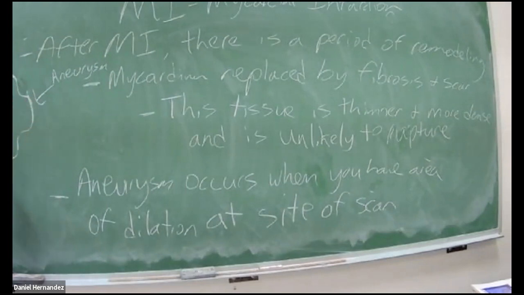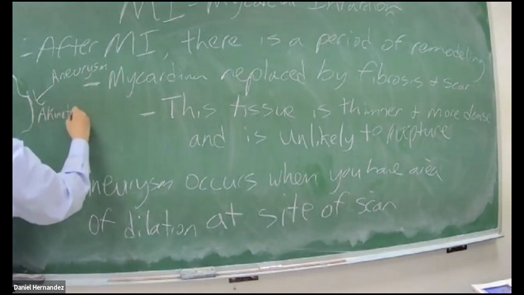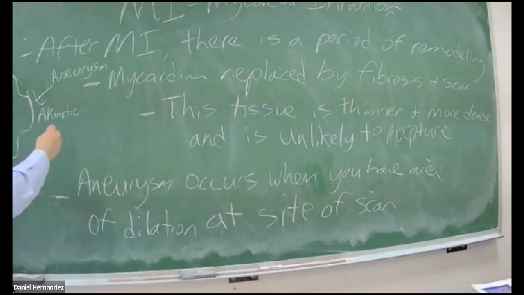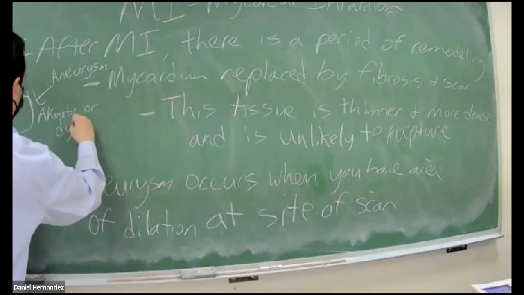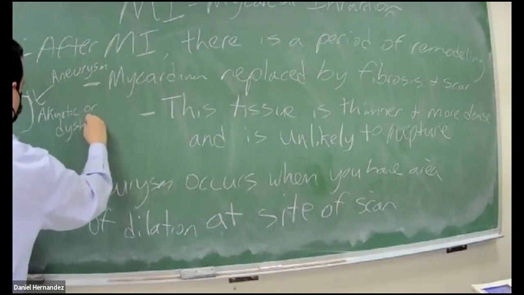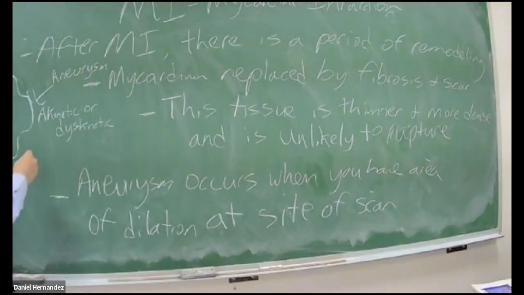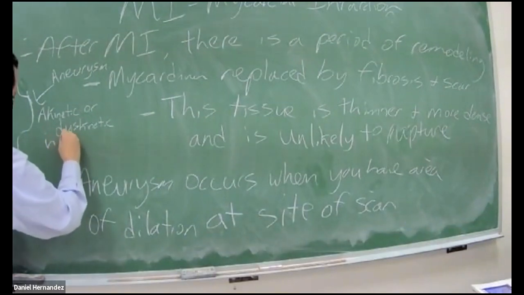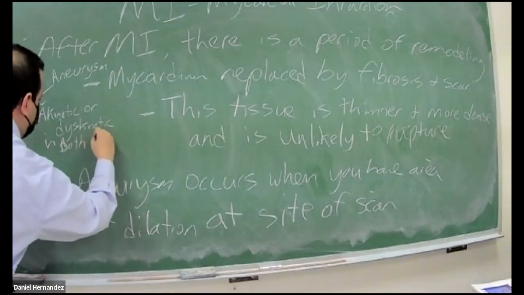This area is going to be either akinetic, meaning there'll be no motion, or dyskinetic, meaning it'll have opposite motion of what it should be, in both systole and diastole.